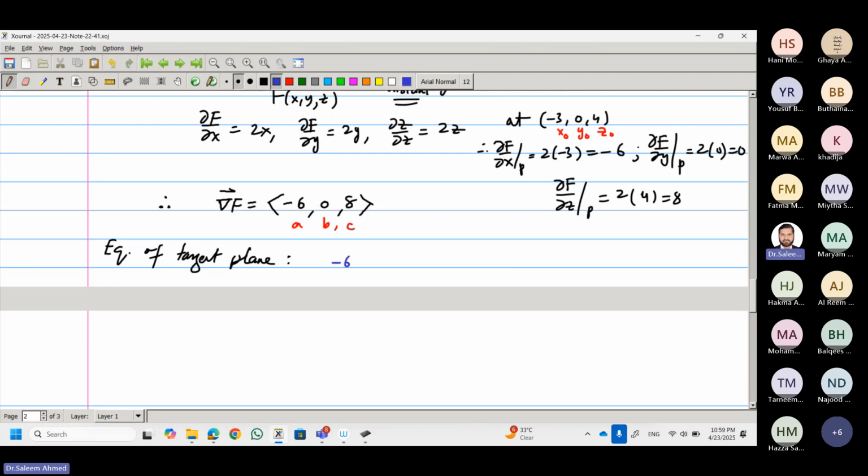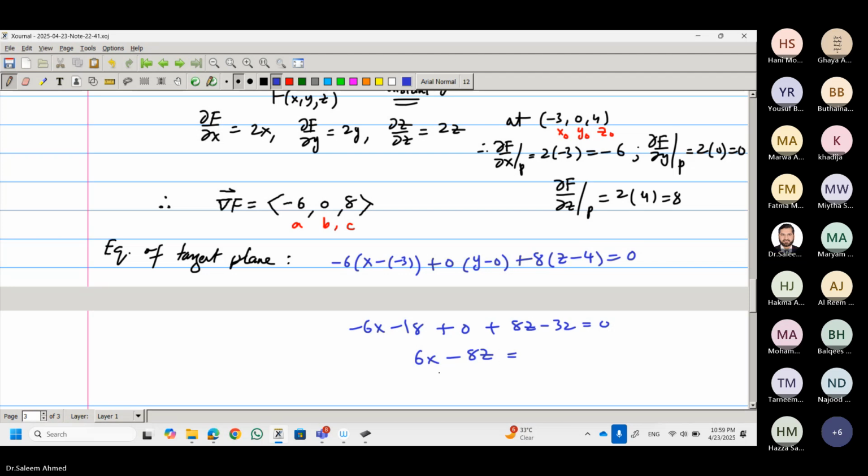So I can write a times (x minus x naught) plus b times (y minus y naught) plus c times (z minus z naught) equal to 0, right? So this is -6 times (x plus 3). So -6x minus 18 plus 0 makes everything 0, and 8z minus 32 equal to 0. So you get 6x minus 8z equal to minus 50, because 32 and 18 make 50, right? This is what I got.